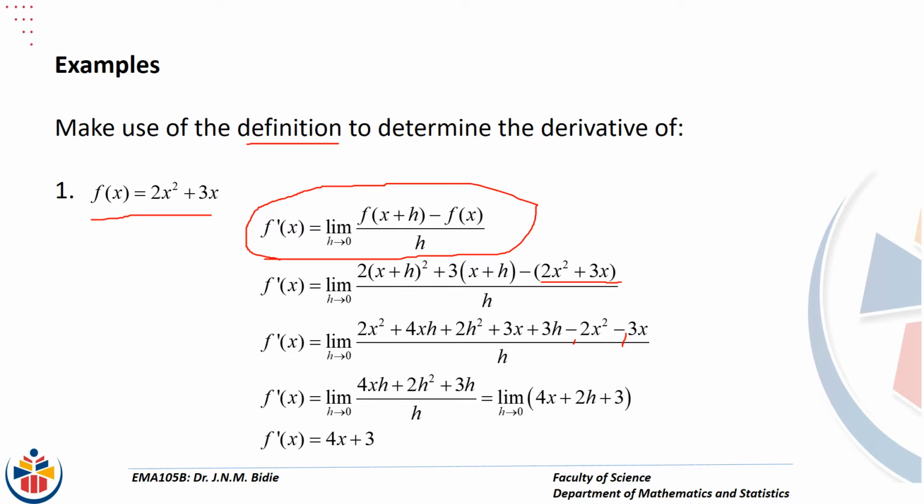And then you cancel out the terms that are similar, like for instance 3x and negative 3x, they cancel each other out. Which other term? Negative 2x squared and 2x squared. And then you are left with 4xh plus 2h squared plus 3h in your numerator.